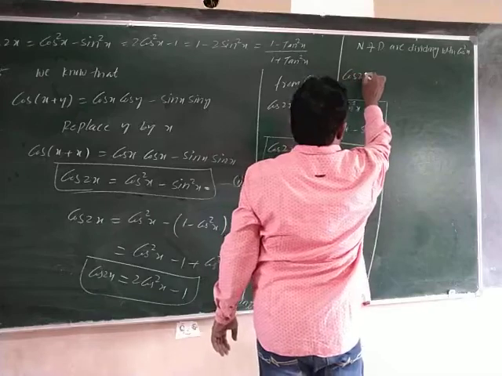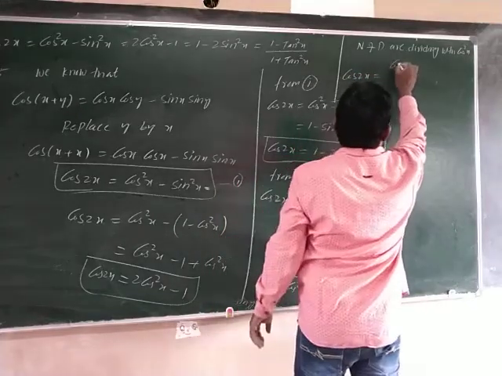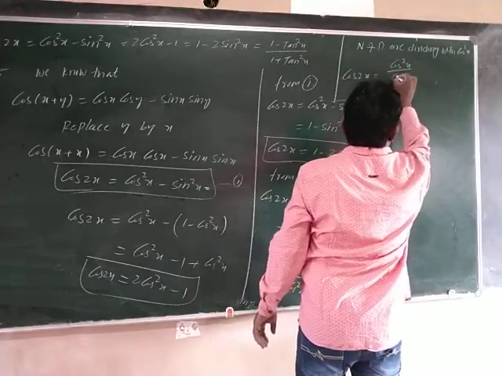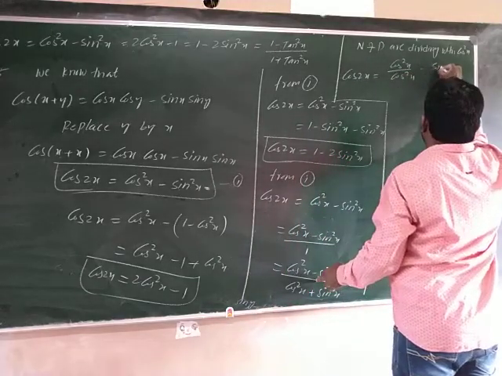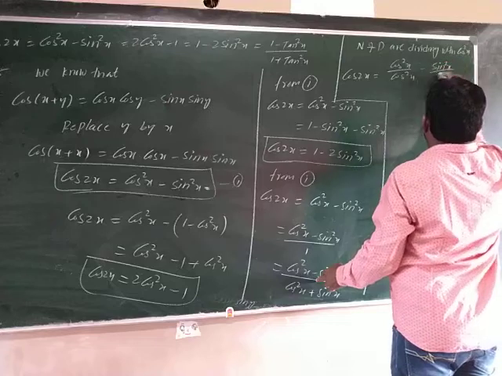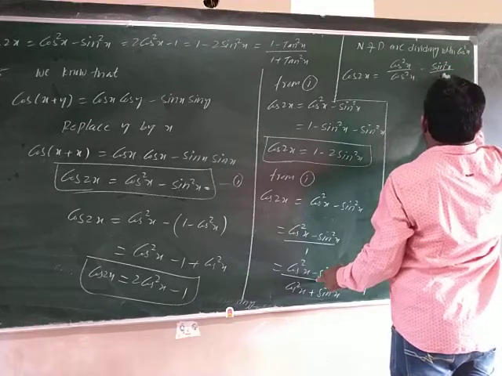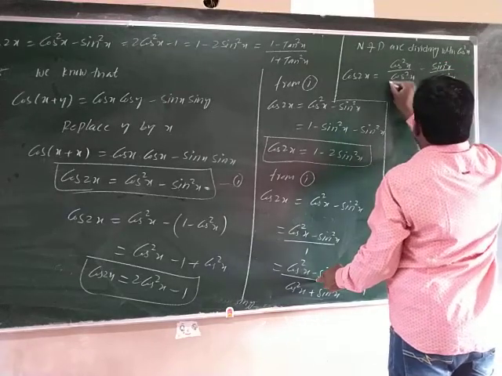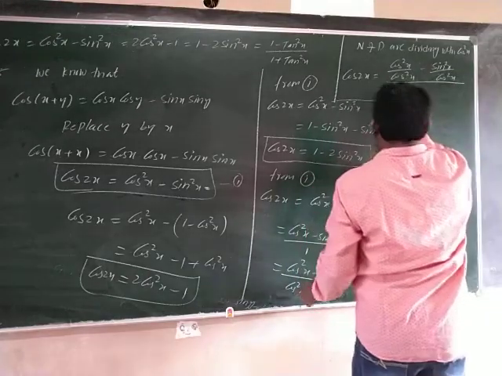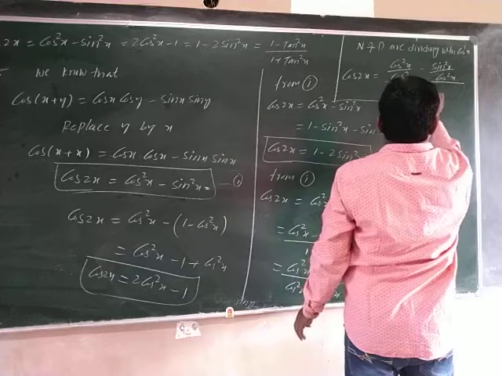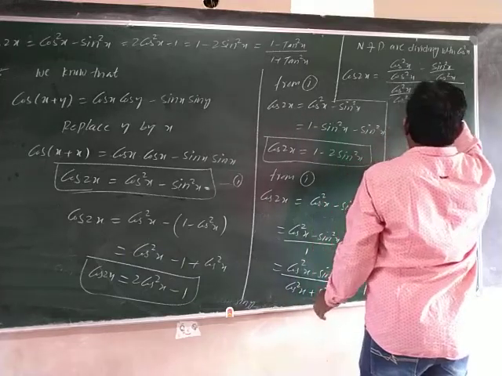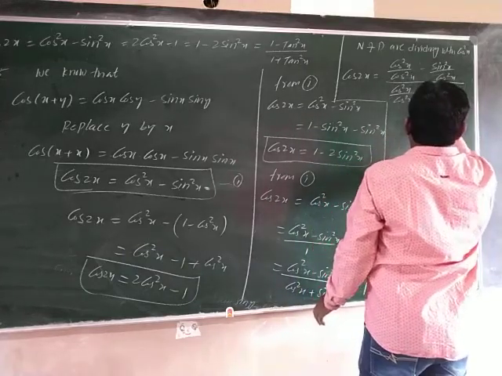Now cos 2x is equal to cos square x by cos square x minus sin square x by cos square x, all by cos square x by cos square x plus sin square x by cos square x.